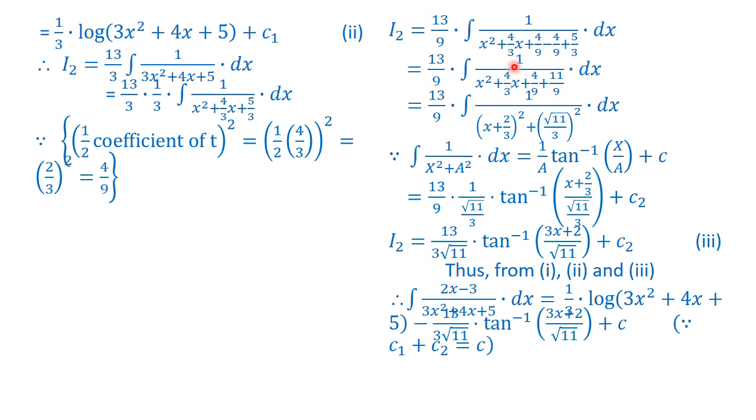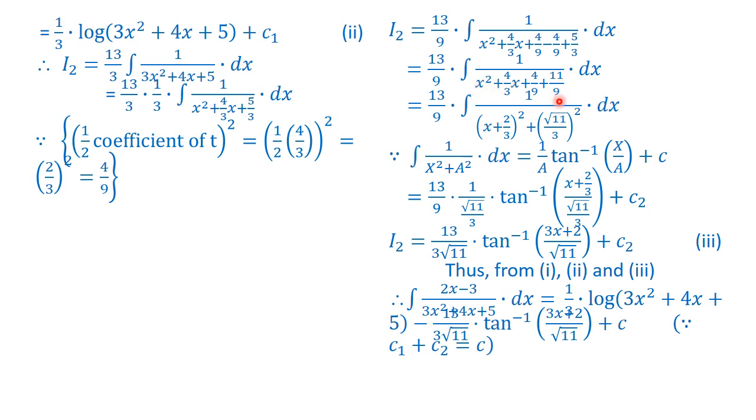Now x square plus 4 by 3 x plus 4 by 9, and this one, carry out this subtraction. The denominator is not the same, so multiply by 3 by 3. So 5 into 3 is 15, and 3 into 3 is 9. 15 minus 4 is 11 by 9.